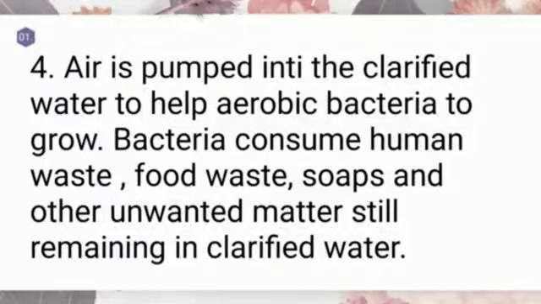So first, removing scum, we can say. Wastewater also contains some unwanted floating materials called scum, and it consists of gases, oils, plastic, soaps and detergent. So the scum is skimmed off from the surface of the wastewater. And finally, chlorination.